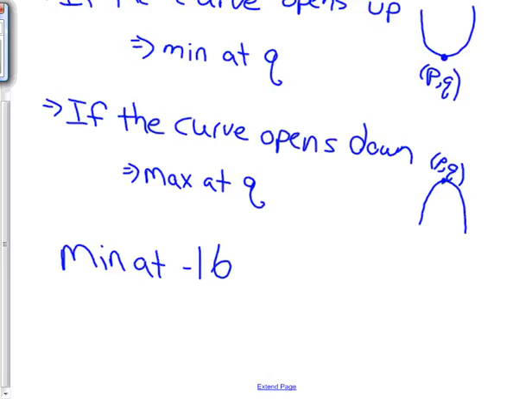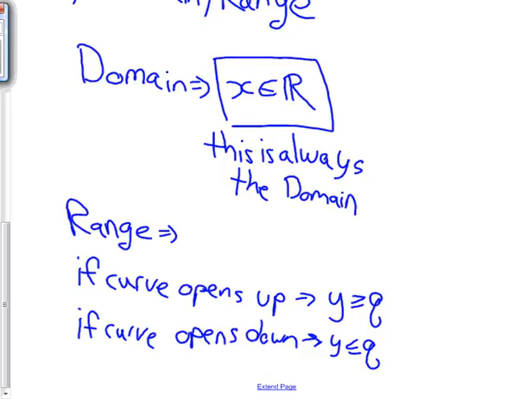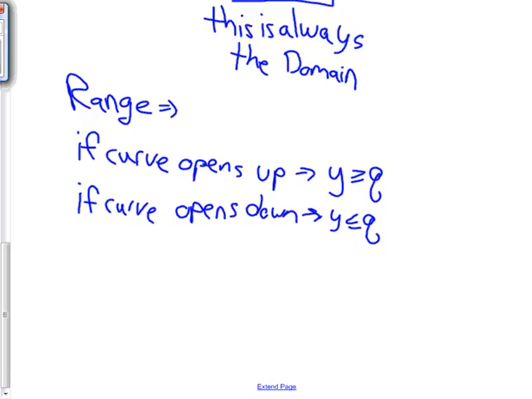Minimum at, maximum at. Opens up, our range is going to be y is greater than or equal to q. Goes down, y less than or equal to q. So, what do we have here? And what's our q? Negative 16. That's how it is for range.